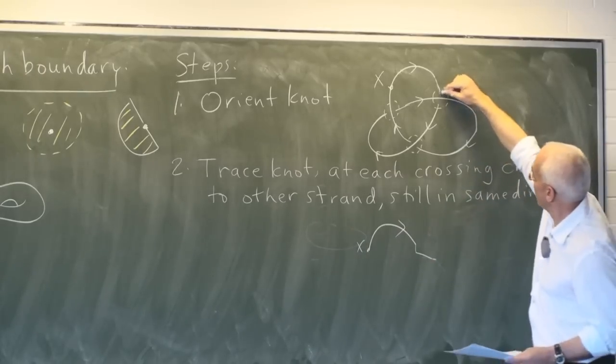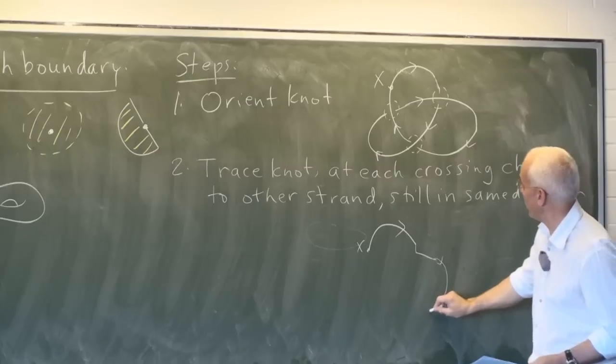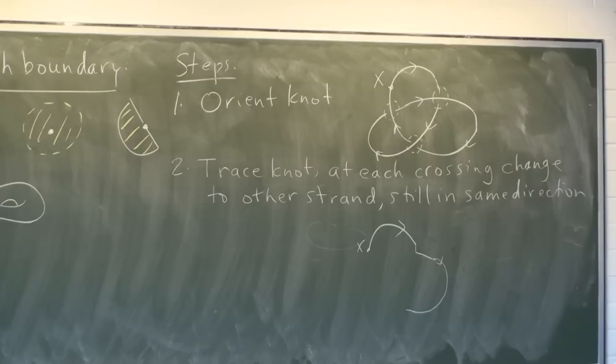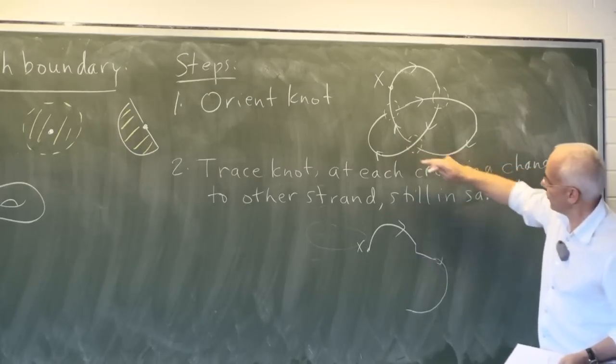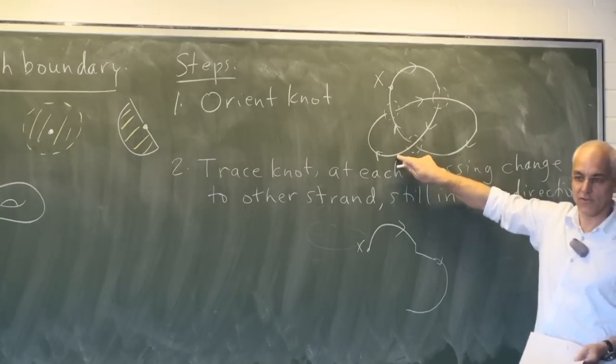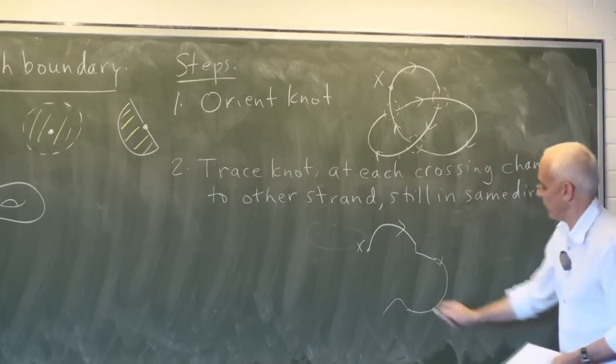Now we're over here, and we carry on all the way around until we get to this crossing, where there are two strands, and we cross over to the other strand there as well. So make another turn like this.